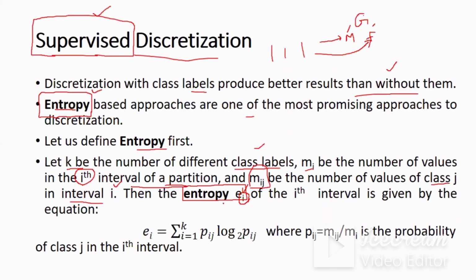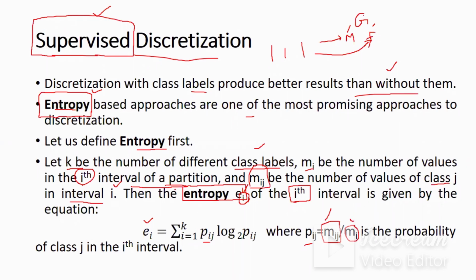So the entropy ei of the ith interval is given by ei = -sigma j=1 to k pij log pij to the base 2, where pij is equal to mij, the number of values of class j in the interval i, divided by mi, the total number of elements in the interval i.